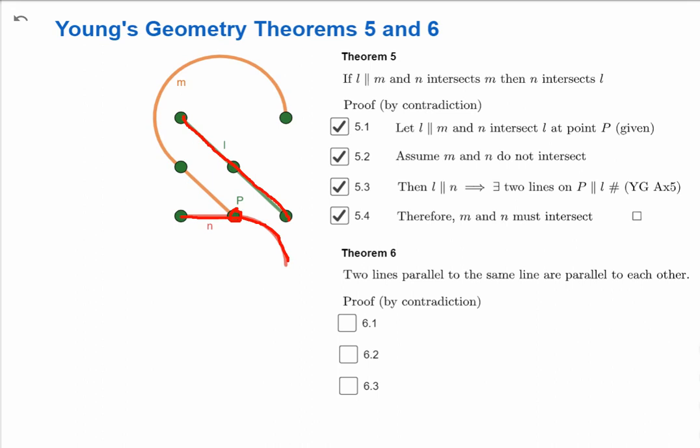Remember, I think I've mentioned this before, but if I haven't, here you go. I grew up proving theorems at a place where the little hashtag was the symbol for contradiction. So a lot of times you'd see people do a proof by hashtag, which meant there's going to be a contradiction, and then at the point where you get the contradiction, rather than saying which contradicts Young's geometry axiom 5, they just do hashtag Young's geometry axiom 5.